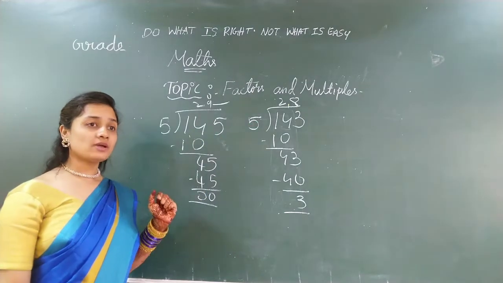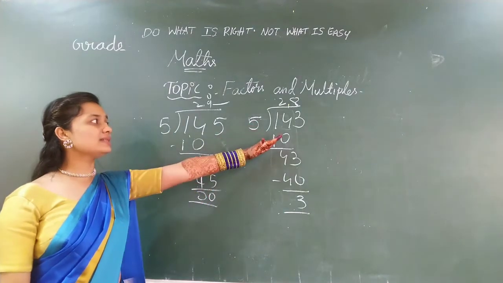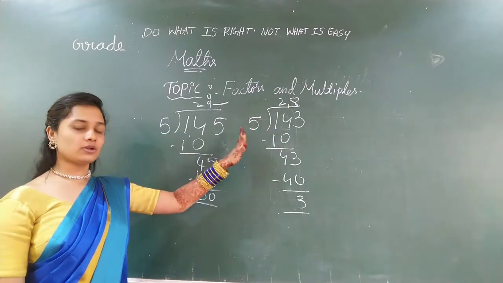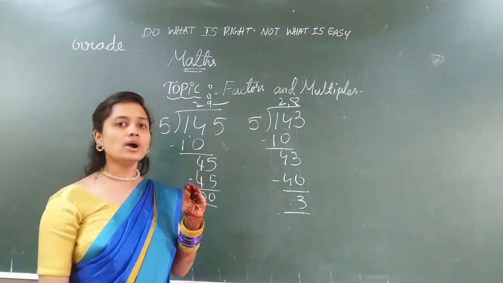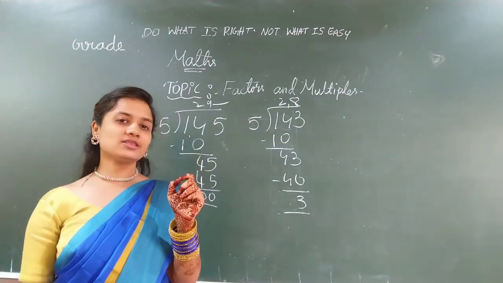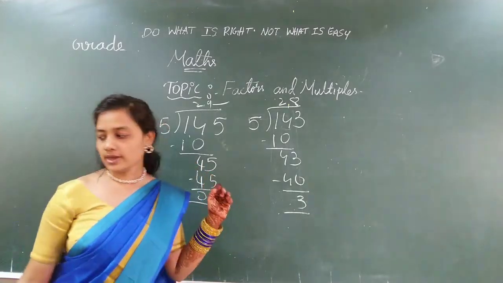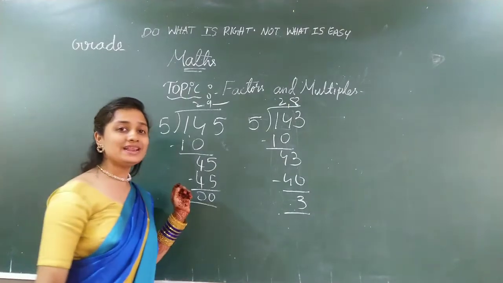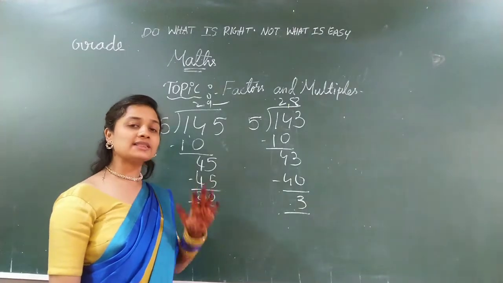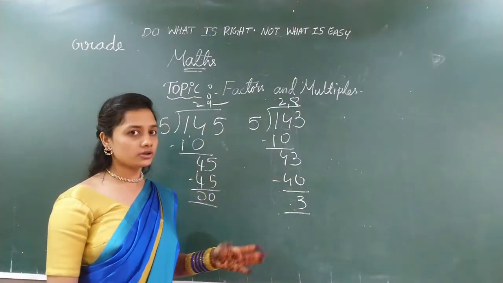So if I want to know whether a number will be divided by another number or not, we have a few tricks to know that. I will teach you today what the tricks are. The divisibility test is mainly used to find whether a number will be divisible or not.